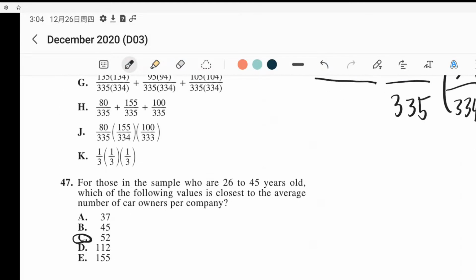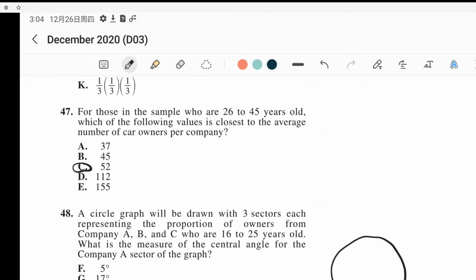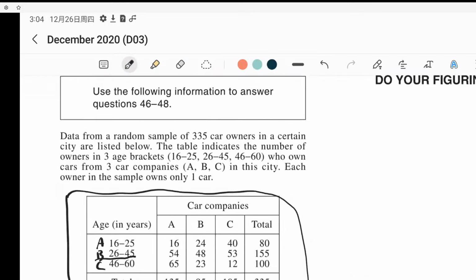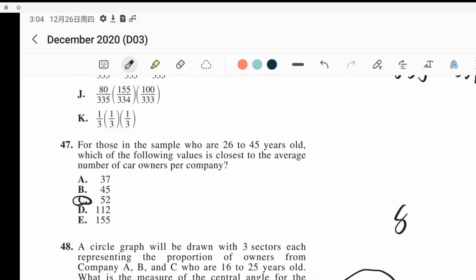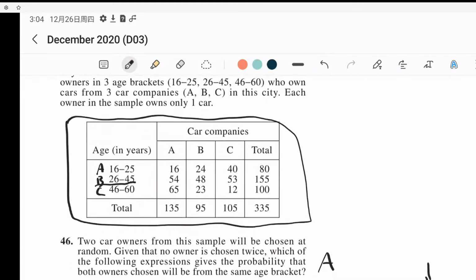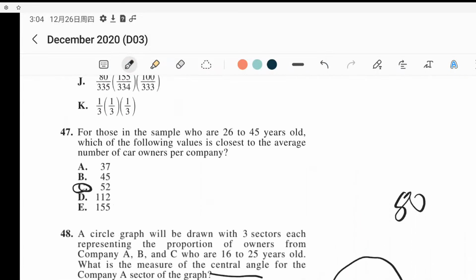So we want to know the central angle of the company A sector. So we have age group 16 through 25. We have 80 people in total. And A has 16, B has 24, and C has 40.